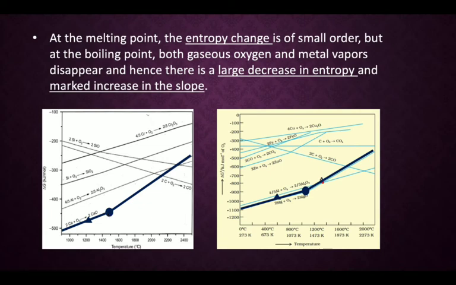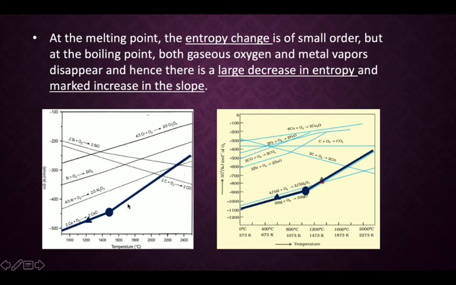When the liquid becomes gaseous vapors, they escape from the system. Because the vapors escape after the liquid is converted into the gaseous state, the entropy decreases gradually. Because of the decrease in entropy, the delta G value will increase suddenly.